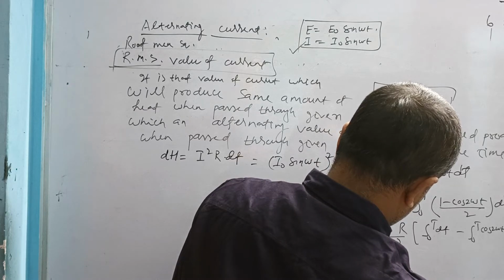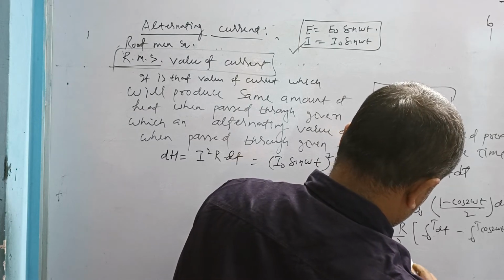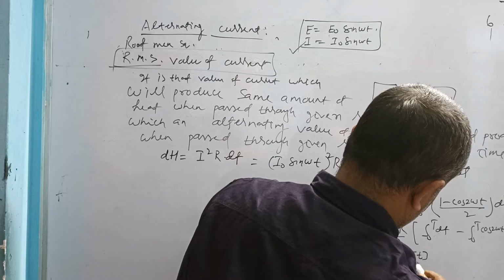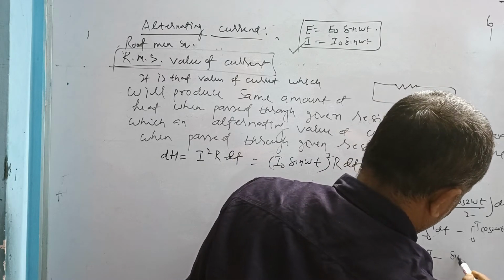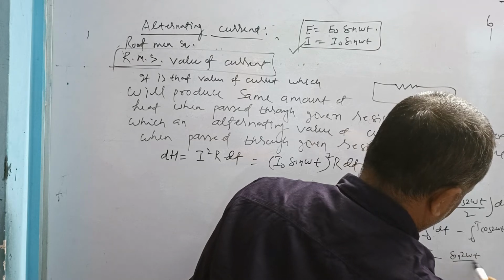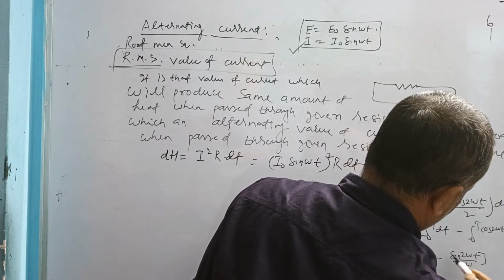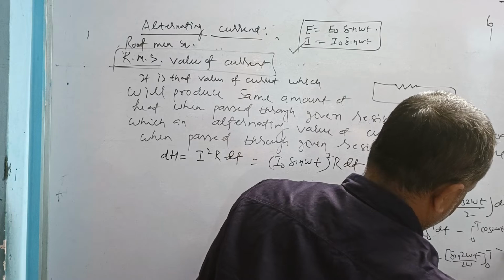I naught square upon 2, this is T, it goes from 0 to T, and integration of cos 2 omega T is what? Sin 2 omega T upon 2 omega, it goes from 0 to T.